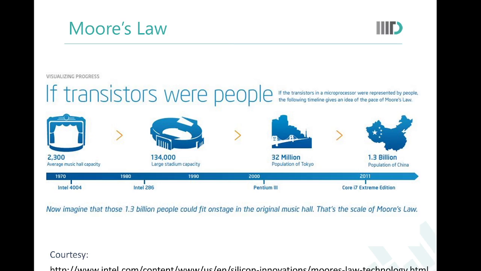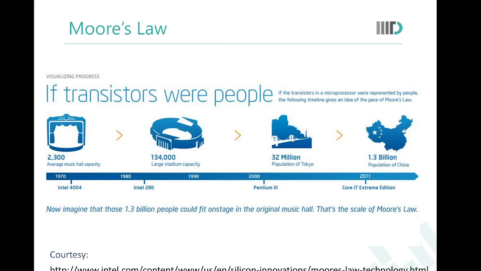Now, Intel Pentium 3 was proposed in early 2000 and it had 32 million transistors, and to accommodate that many people you need a city like Tokyo. And jump to 2011, you have Core i7 processors which have 1.3 billion transistors. Now, that is the population of China.